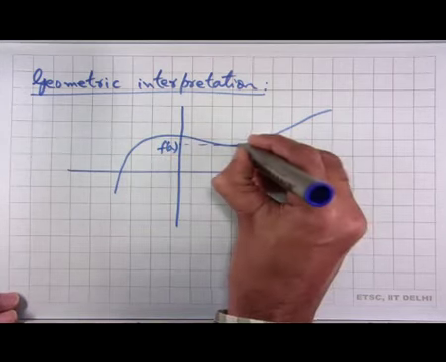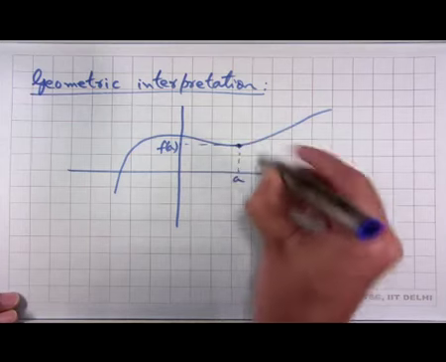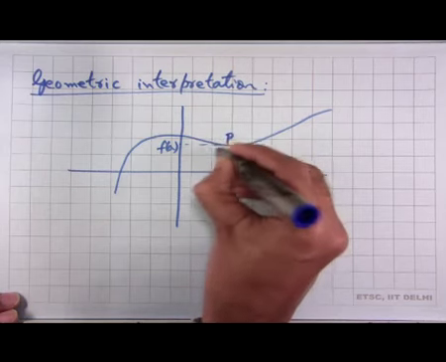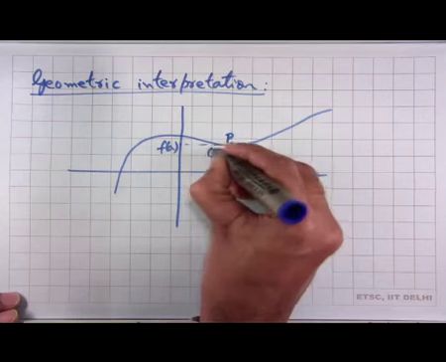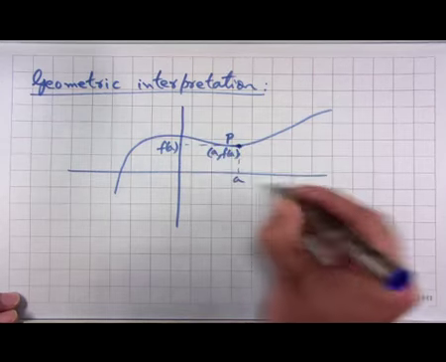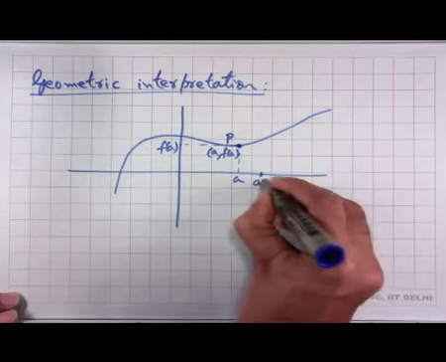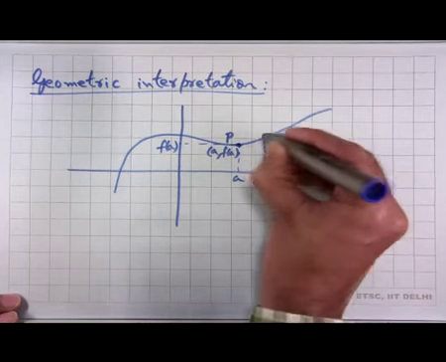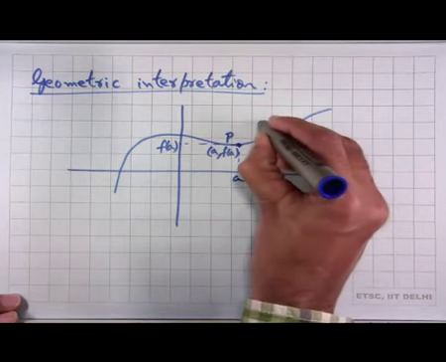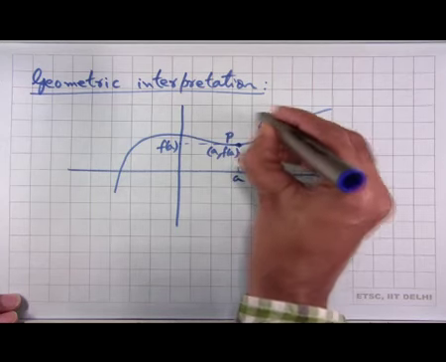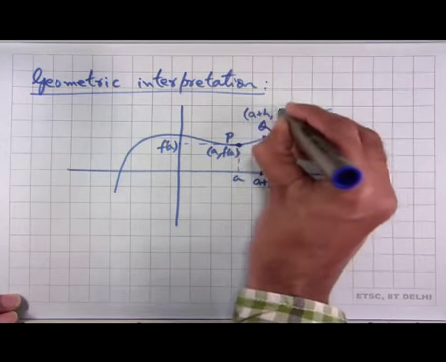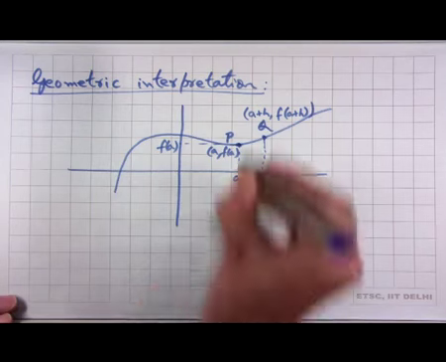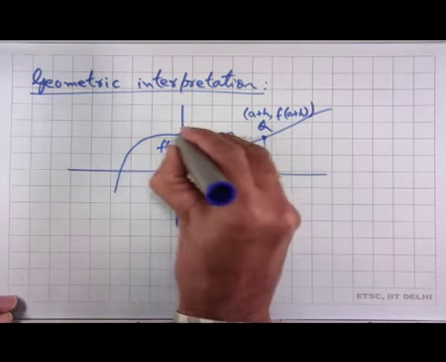Now, I have this point, let me call it P, whose coordinates are a comma f of a, and let us look at another point a plus h. Here I am taking h positive. Then there is another point Q here whose coordinates are a plus h and f of a plus h.